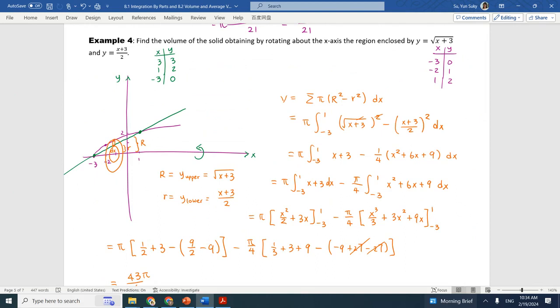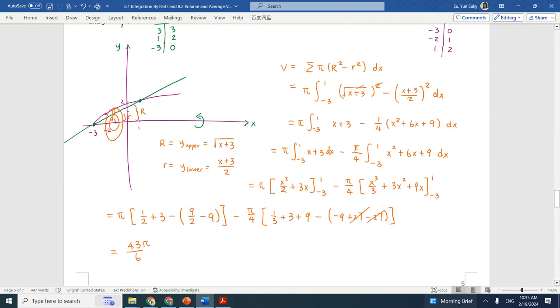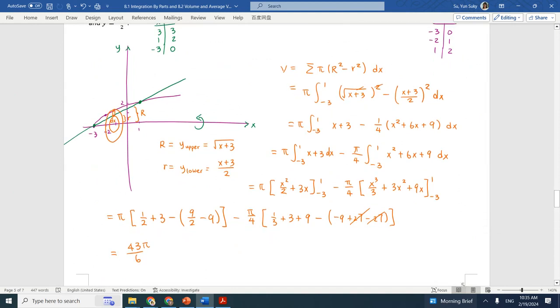You draw the little rectangle, right? And you rotate about the axis and see what happens. You get one circle, that's the disk method. Two circles, that's the washer method. Yes, everybody? Okay, then you can set up the integral and then evaluate the integral and then plug in the numbers. Okay, so that is the volume.